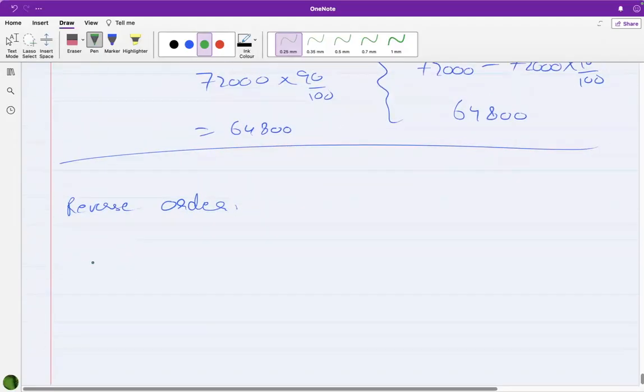Let's say we are talking about a person XYZ, and in 2009 he is getting paid, let's say, 69,000, and we have to find the salary in 2008.